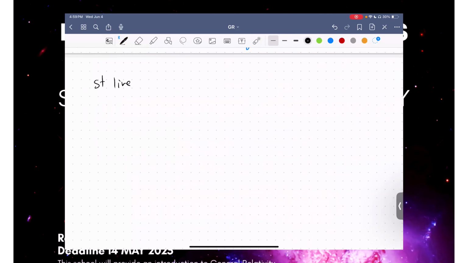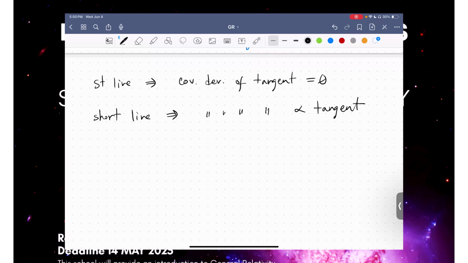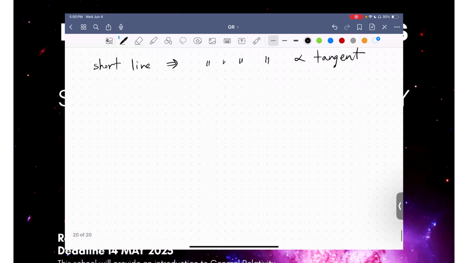A straight line means the covariant derivative of tangent is 0. The shortest line means the covariant derivative of tangent is proportional to the tangent. Okay?